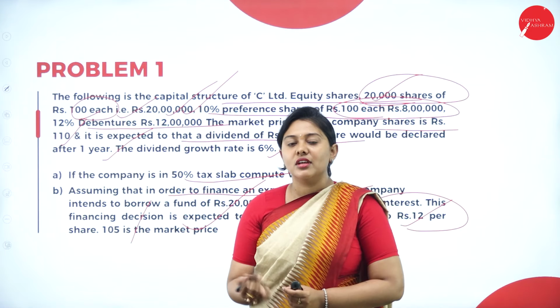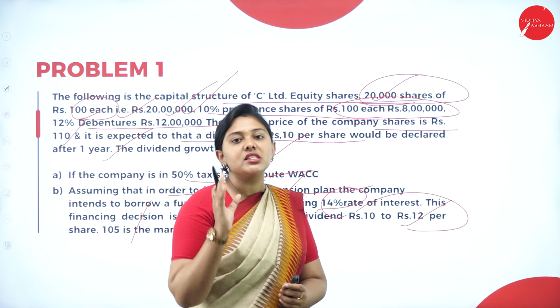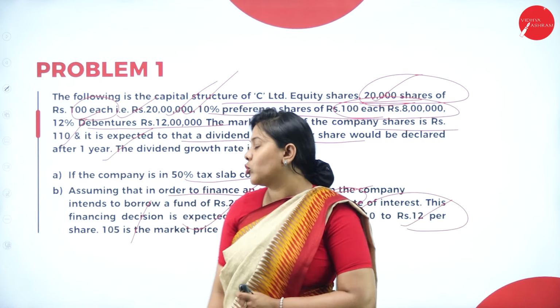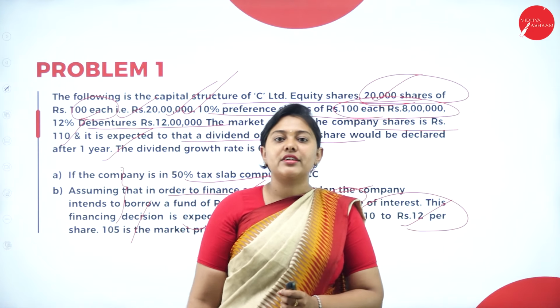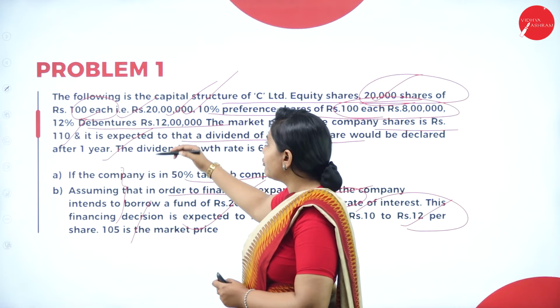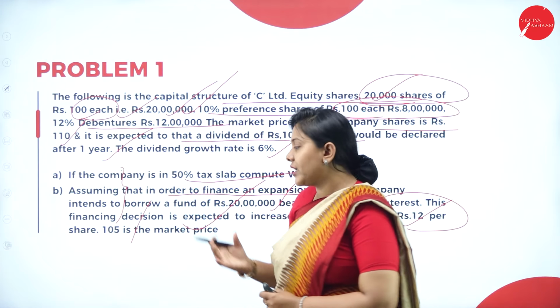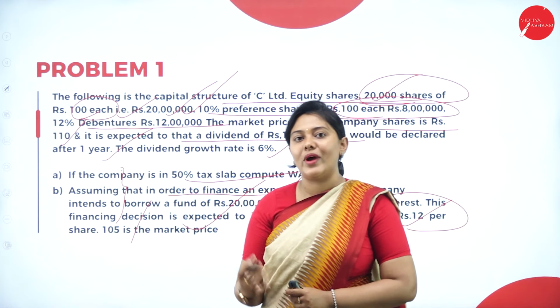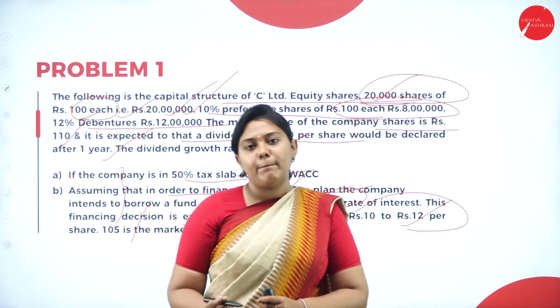So there is a change in the market price as well as the dividend once the company plans to expand. So two conditions, two WACC tables you all need to compute. Let us first consider the first condition, and then solve the second condition, the computation of new WACC, that is adding an extension of 20 lakh debenture at 14%.